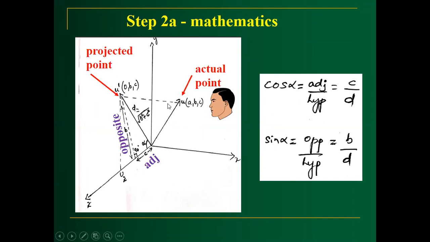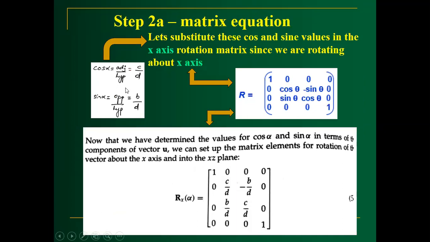That is the reason your view is parallel to the x-axis, and that is the reason this is 0. The next step is we will do around the y-axis. Since 2a talks about the x-axis, we substitute cos alpha and sin alpha in the x-axis rotation matrix. For your sake, I have given you the x-axis rotation matrix equation.